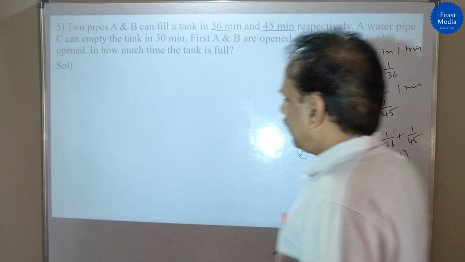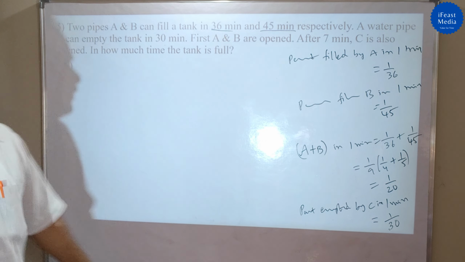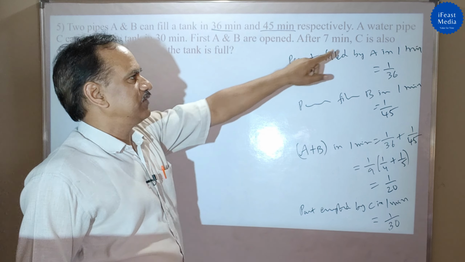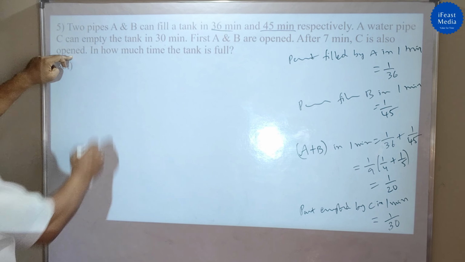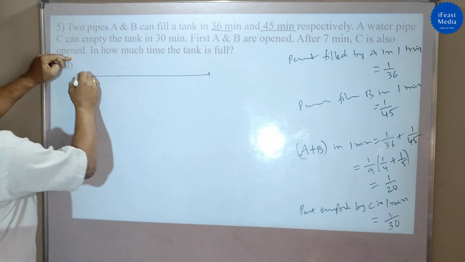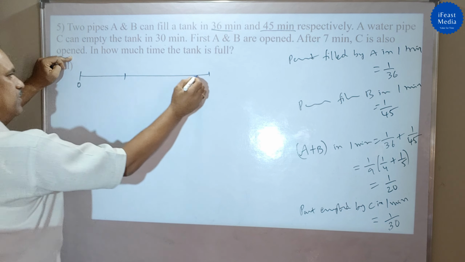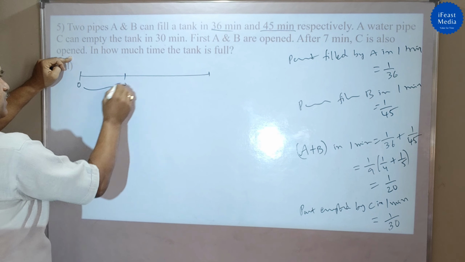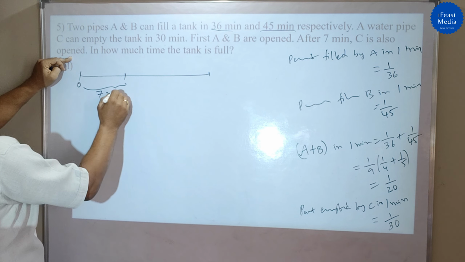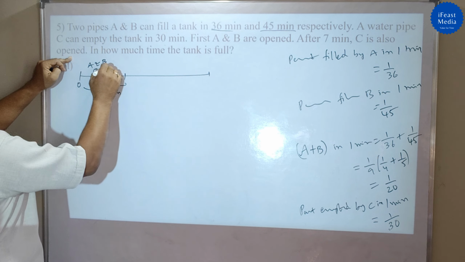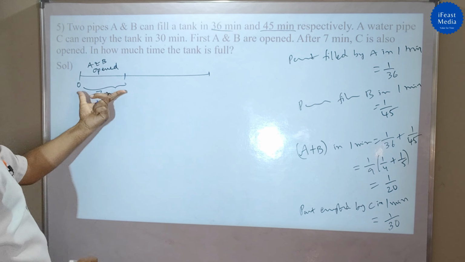Right? Now first A and B are opened. After 7 minutes C is also opened. So let us take like this 0, 7 minutes. So A and B opened for 7 minutes.